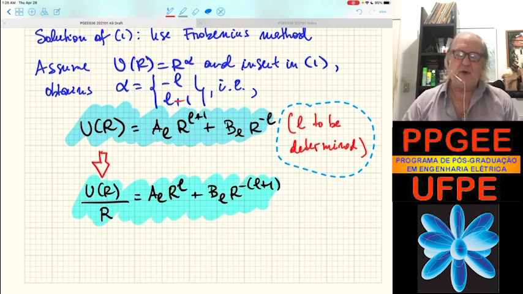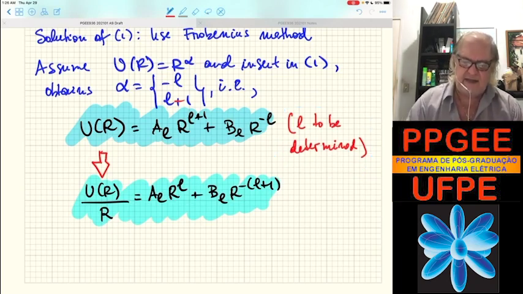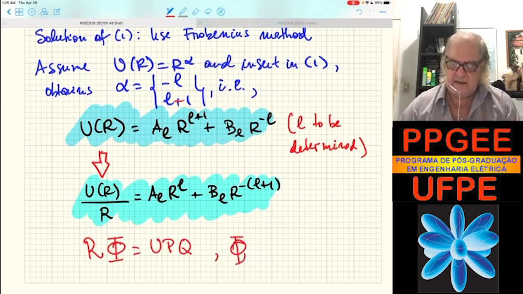And notice that we have r phi equals u, right? So in fact, to find the potential, we need u over r. Or maybe I did something wrong here. l plus 1 and minus l.